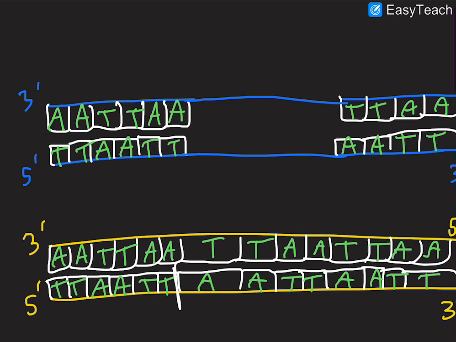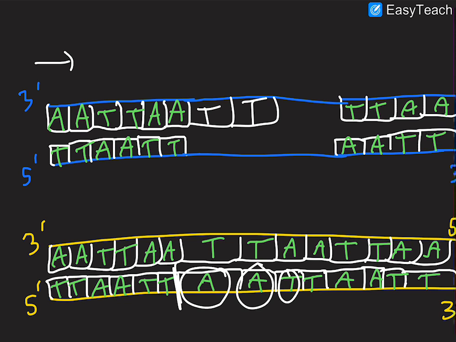Starting from here, on the 5' to 3' sister chromatid is A, so on the 3' to 5' we have to have a T here. Then this is A, so we have a T here. Then we have a T here, so this has to be an A here. T here, A here. So bam, we just rebuilt it because we used the sister chromatid as a template. So that's homologous recombination repair.